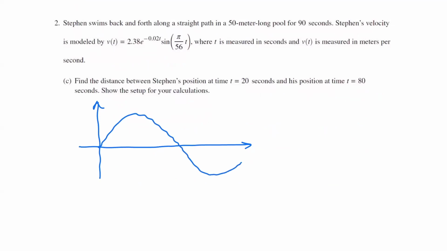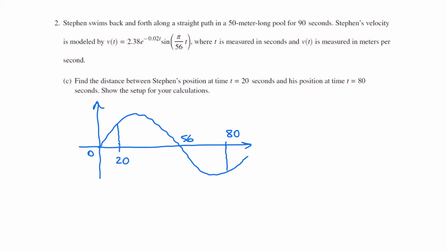This point is 56, this point is 0, so 20 is somewhere here, and then 80 is somewhere here. And what we are being asked is to find the distance between these 2 points.